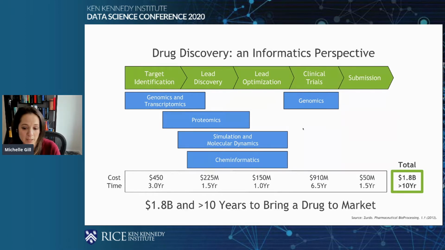So again, just to reinforce, the growth of these techniques can help bring a drug to market, but it also creates a challenge. We need high-powered tools and highly parallelized tools to help us sort through and make sense of all this data.